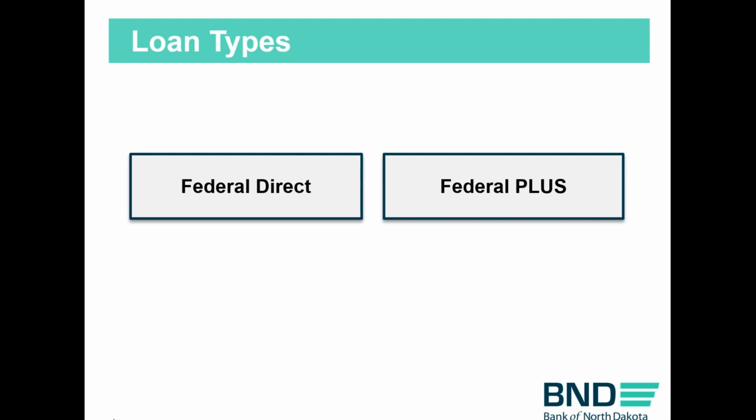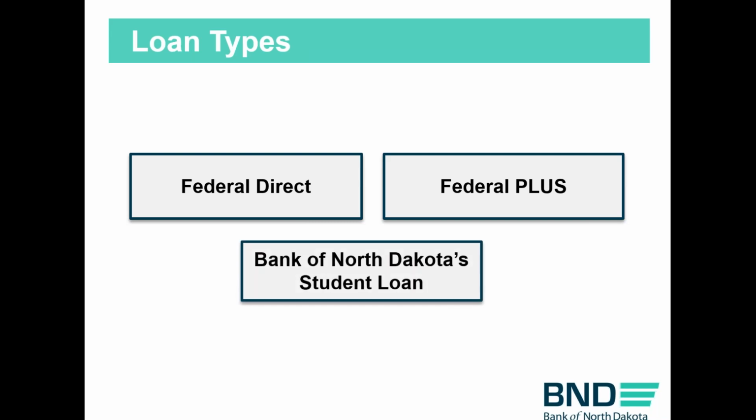And then if you don't have enough money after that, then you can start looking at alternative loans. At Bank of North Dakota, we do have a student loan program. Tomorrow, our interest rates do change, so I haven't quite committed those to memory yet, but they are very favorable. We have variable and fixed student loans for students to apply for.